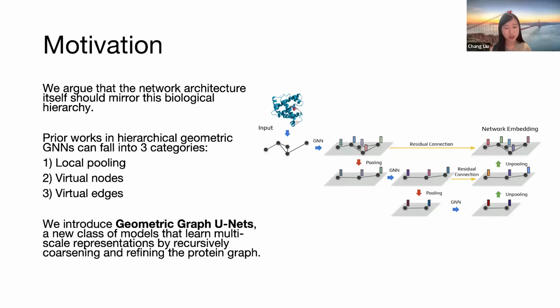Our research extends the benefits of pooling via a UNet architecture, shown on the right side of the slide, whose effectiveness has been demonstrated in previous studies in point cloud data processing.